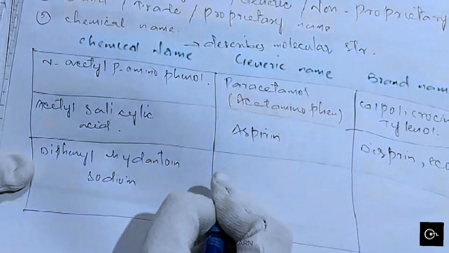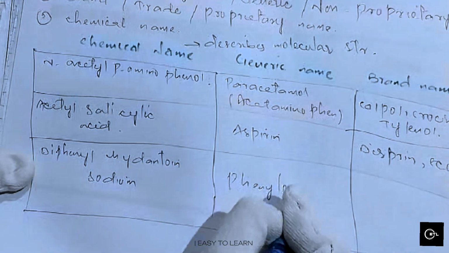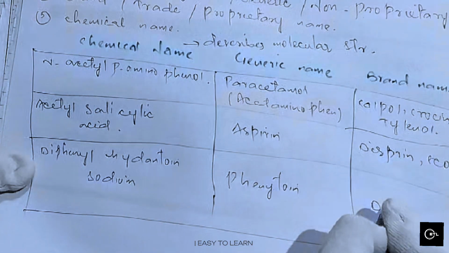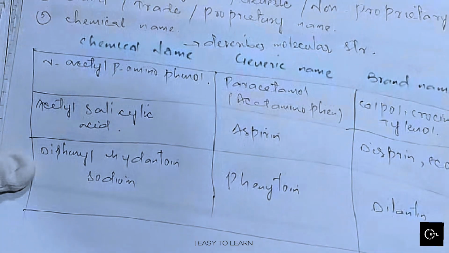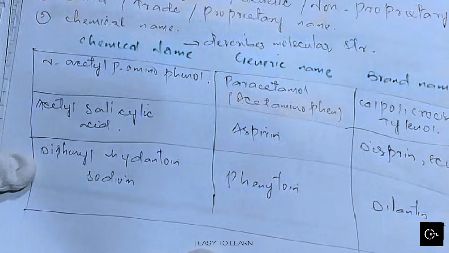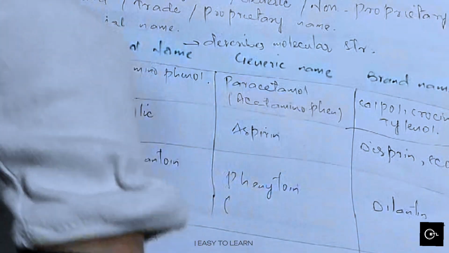Its generic name is phenytoin, and its brand name is Dilantin. So phenytoin is basically the class of medication called anticonvulsants. Okay, so it's an anticonvulsant.